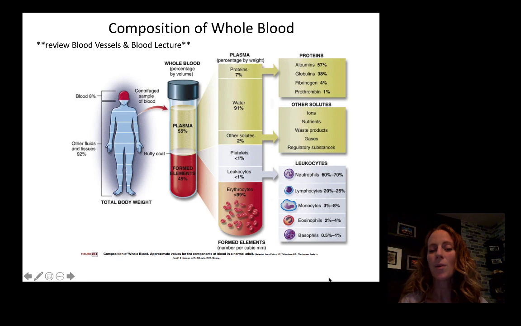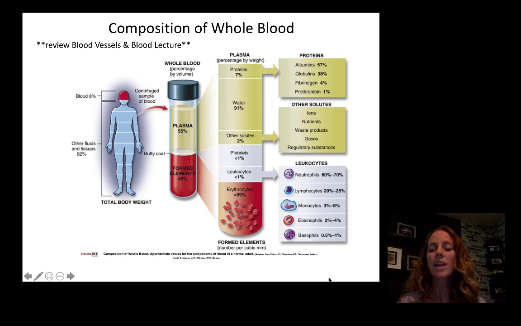So remember that whole blood includes plasma, which is mostly water, but also proteins and solutes. And then we have the formed elements of blood, which are mostly erythrocytes or red blood cells, but also very importantly, the white blood cells and platelets. White blood cells are also referred to as leukocytes.